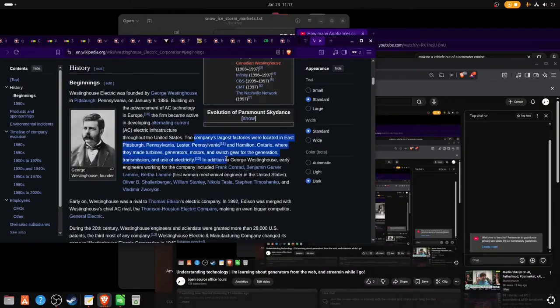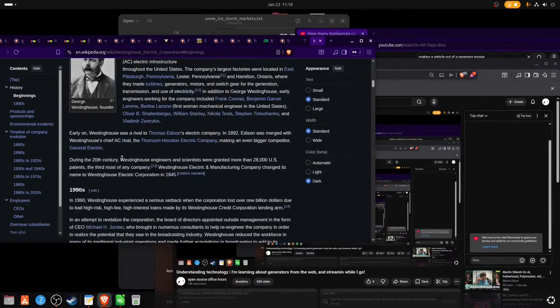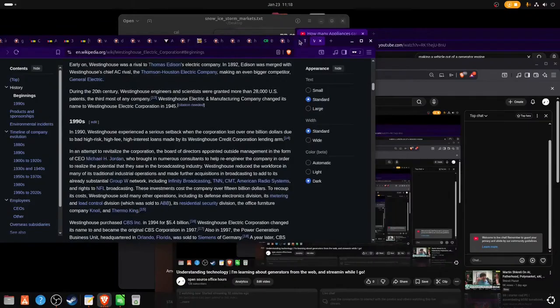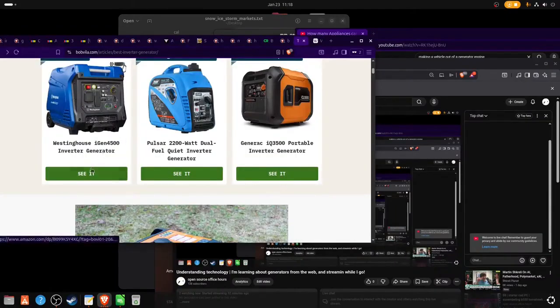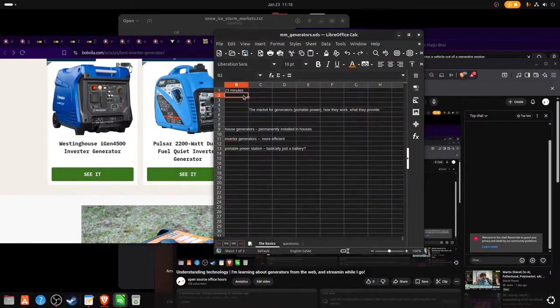East Pittsburgh. Pittsburgh started because of steel, is my understanding. The steel industry was huge there. Okay, this company's been around for an incredibly long time. Westinghouse starts off at $1,000. Oh man.